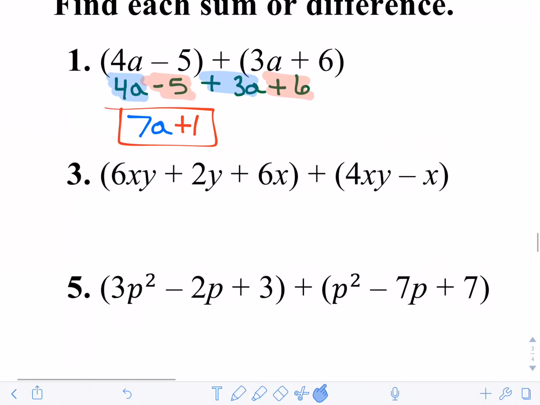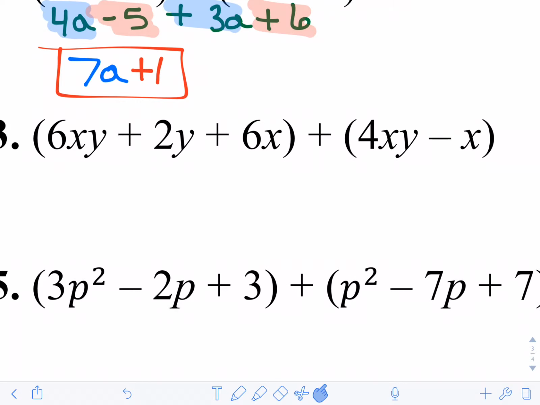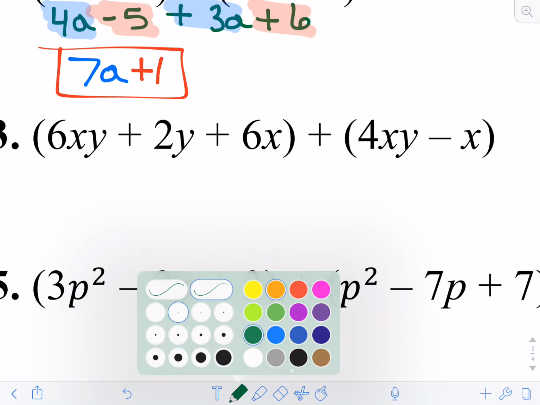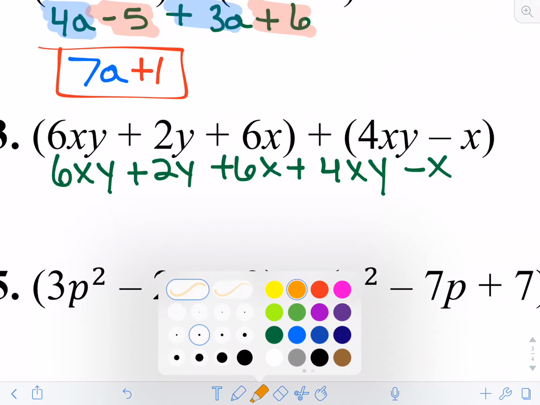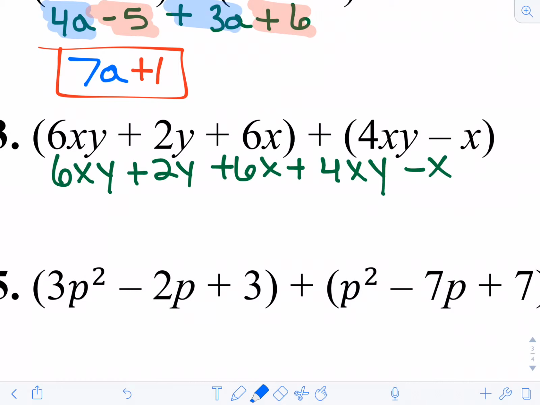All right, number 3. So again, the first thing that you want to do is rewrite it. So I have 6xy plus 2y plus 6x plus 4xy, and then I have a minus x. Okay, so I'm just going to start highlighting and seeing what I have. I'm going to start with the 6xy first, and I have another xy. I have 4 of them.